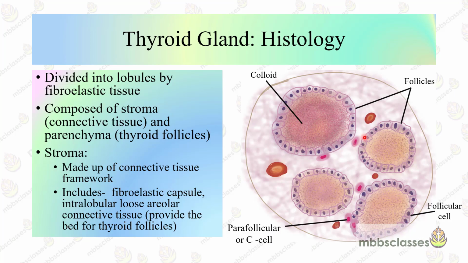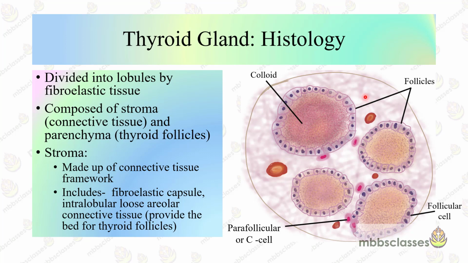And if you see the histology, the thyroid gland is divided into lobules by fibroelastic tissue, and it is composed of stroma, that is the connective tissue, and the parenchyma, that is the thyroid follicles. So these are the follicles, and this part is the stroma.